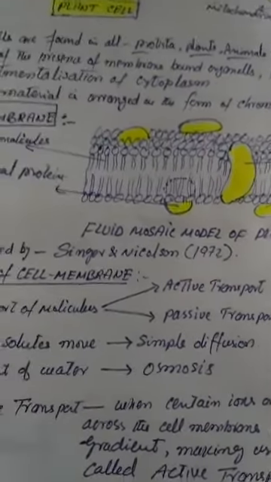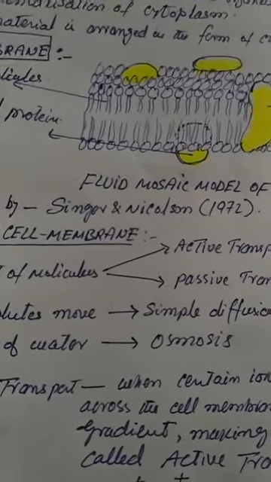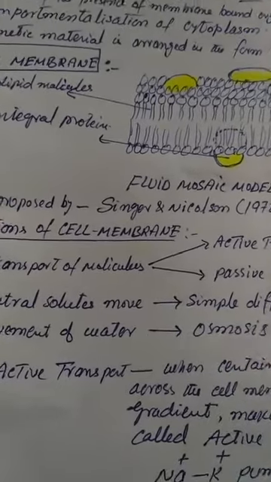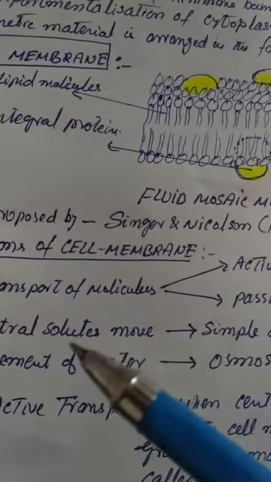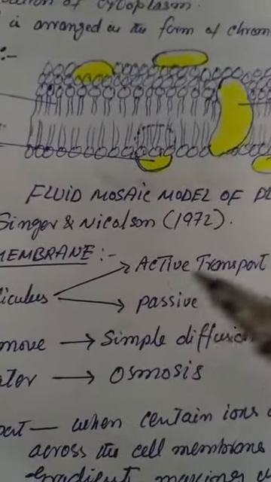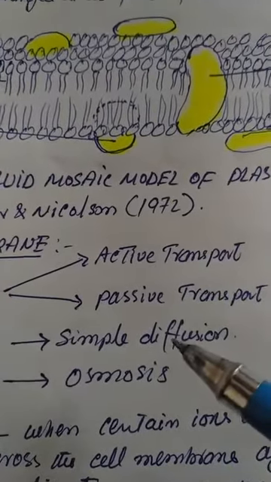Now there are very important functions which the cell membrane performs. The most important function of the cell membrane is the transport of molecules across it. There are two methods of transport, that is active transport and passive transport.